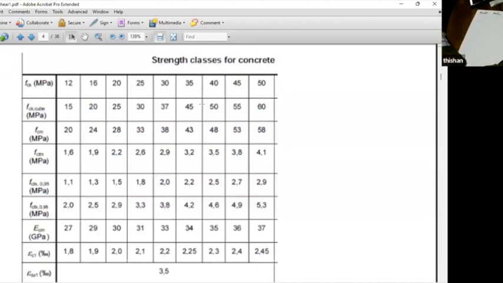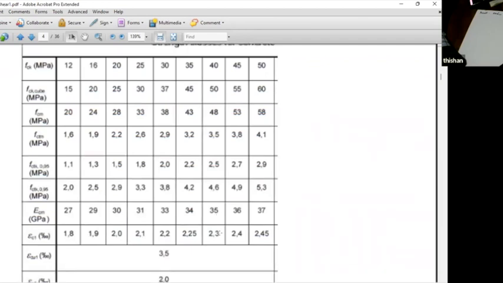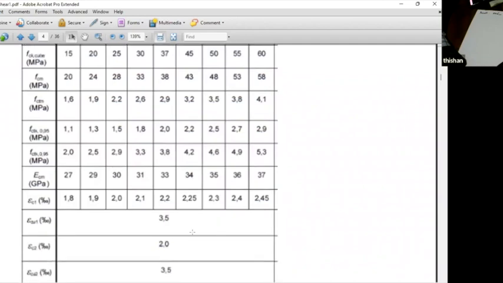If you look at some of the important properties, there is the mean strength, and these are the kind of tensile strengths here, and then the elastic modulus is about 35. And the maximum strain is 3.5.